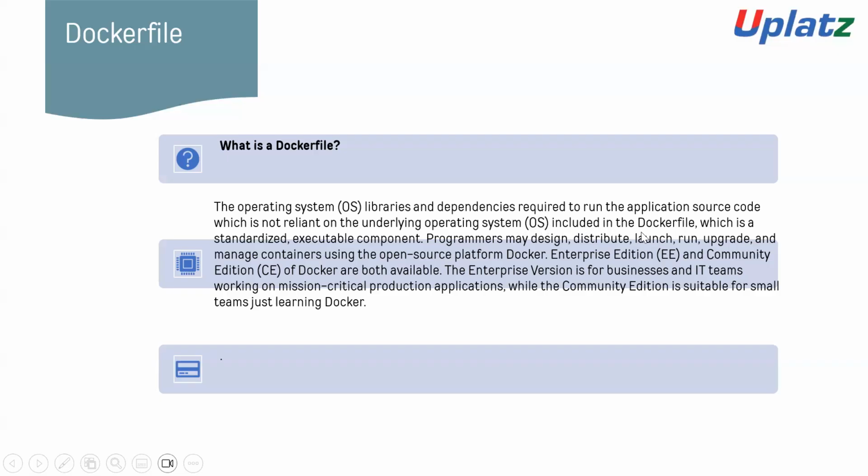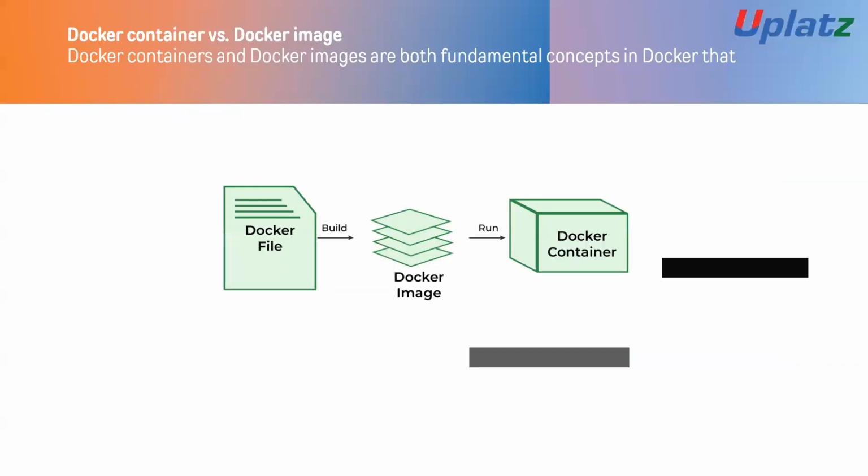The Dockerfile is a standardized executable component. Programmers may design, distribute, launch, run, upgrade, and manage containers using the open source platform tool that is called Docker. The enterprise version is for business and IT teams working on mission critical production applications, while the community edition is suitable for small teams, like for learning Docker.